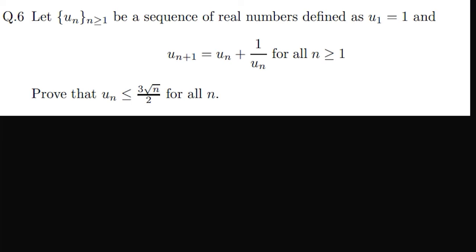Now the sixth question is, we are given the sequence of real numbers defined as u1 is 1, and u(n plus 1) is un plus 1 upon un for all n greater than or equal to 1.